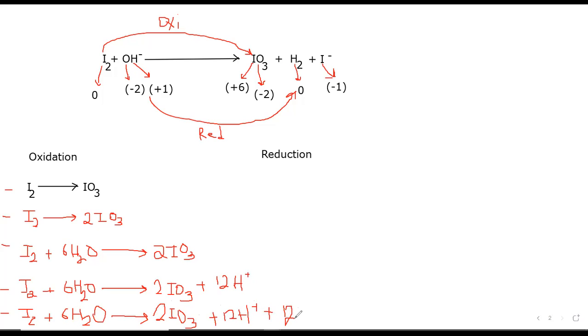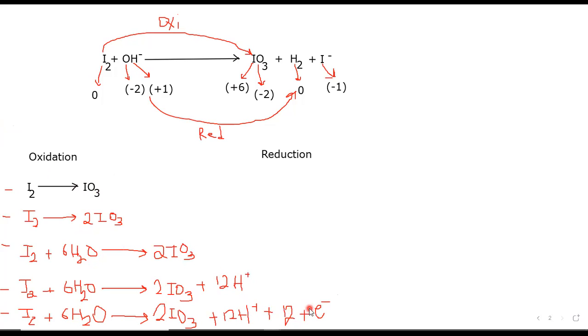Okay, so we're going to have 12 electrons here. So we balance out the thing. Just to briefly explain, we have the half reaction there. Well, let me not take time to explain all that.